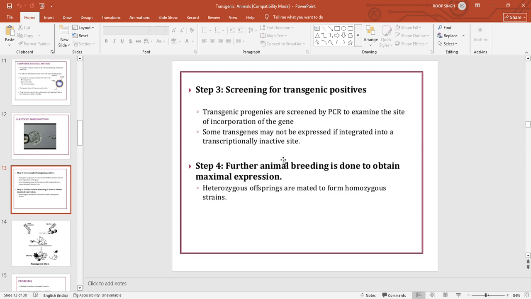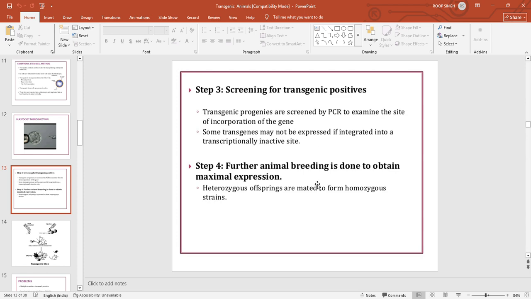Transgenic progenies are screened by PCR. One can use the PCR method. This is fast and more accurate to examine the site of incorporation of the gene. So by using PCR, one can select for the transgenic animal.